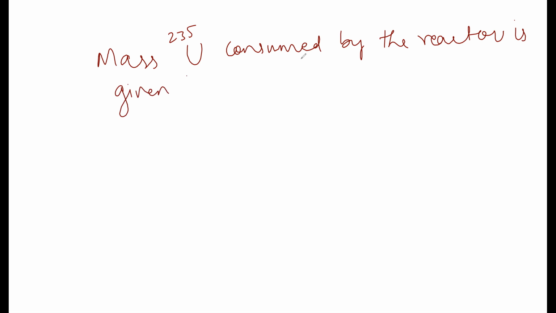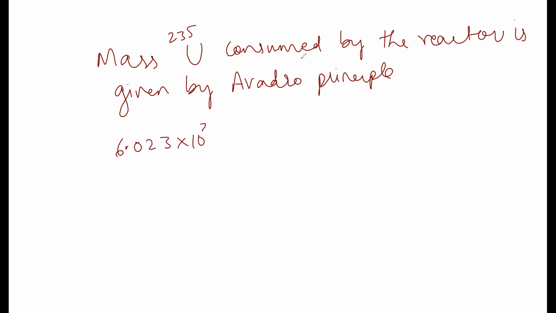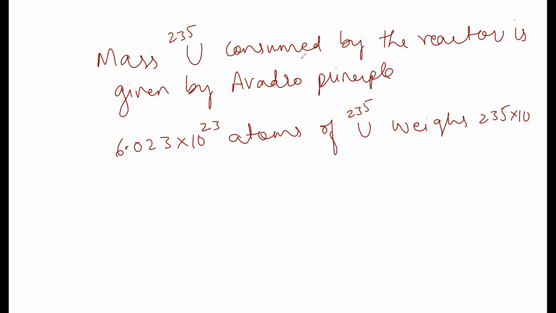How do we write it? Avogadro's number is 6.023 into 10 to the power of 23 atoms of uranium-235. It weighs 235 into 10 to the power of minus 3 kg.